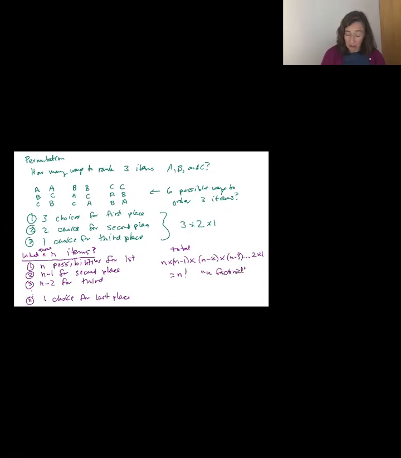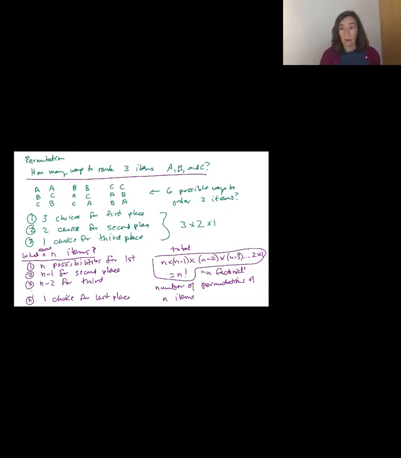And that is indeed the number of permutations of n items. And that is the answer to the question of how many ways there are to rank n items. Start with n, that's a positive integer, and multiply it by every positive integer that is smaller.